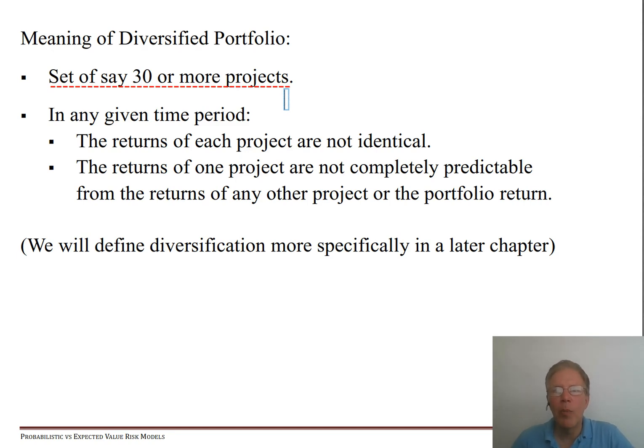And the returns of one project are not completely predictable from the returns of any other project in the portfolio. Okay, if we violate these 2 things, then we're not diversified. We will get more mathematically rigorous about diversification a little later on. But if you understand these concepts, you've pretty much got it nailed for this course.